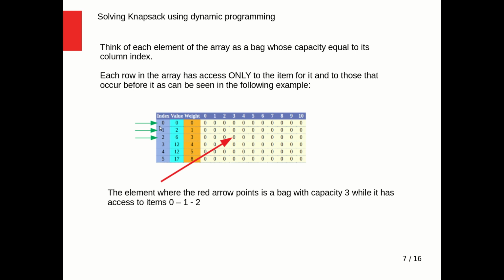What we want is that at any point, the value of each element in this array is the maximum value given the capacity of the bag and the items that have been seen before.